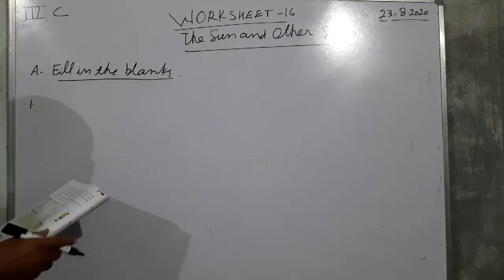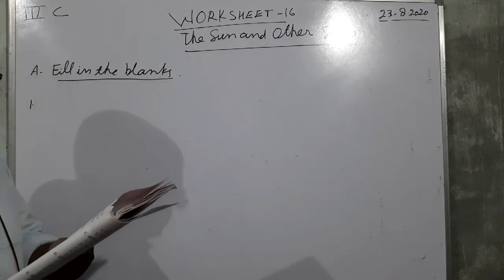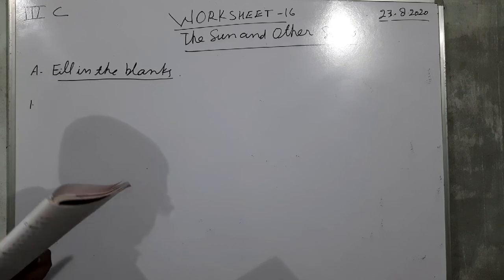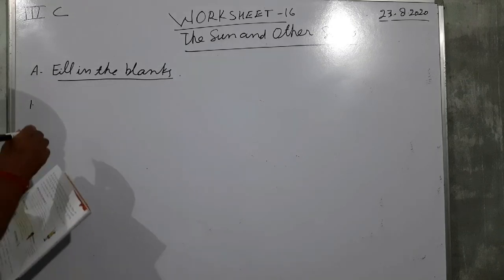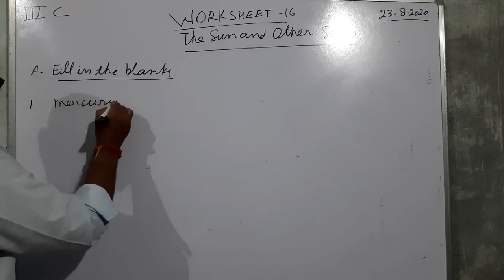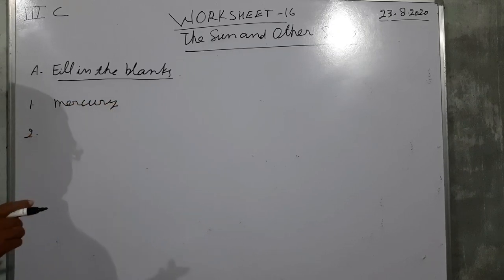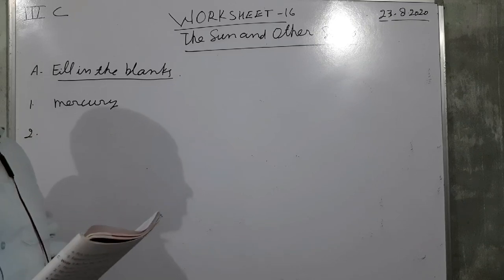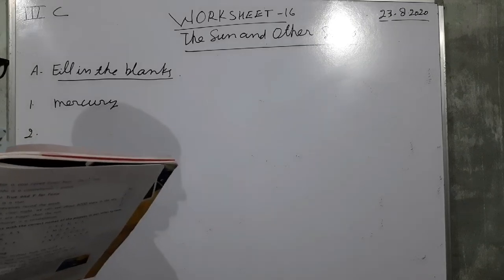Now see the first. The Mercury is the closest star to us. So first you have to fill Mercury. First is Mercury. Mercury is the closest star to us.